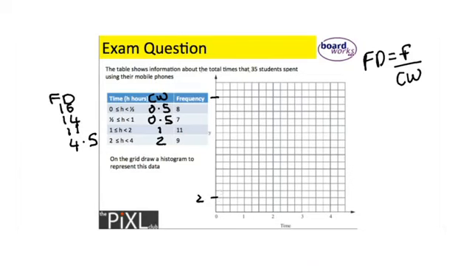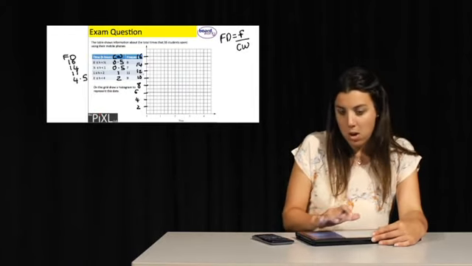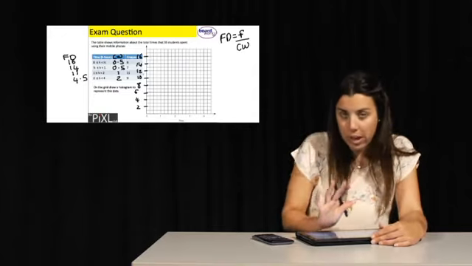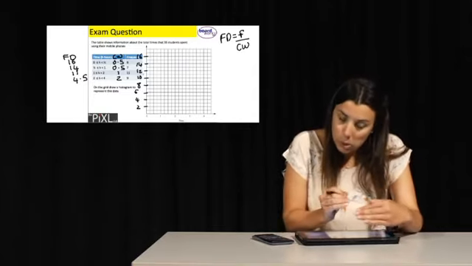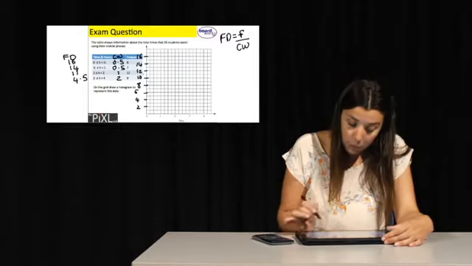So here we have 2, 4, 6. Remember, if you're doing this with a pencil, you can make any corrections as you go along. 10, 12, 14, 16. That's a good scale because you've used most of the axis available to you instead of squishing it lower down the page.